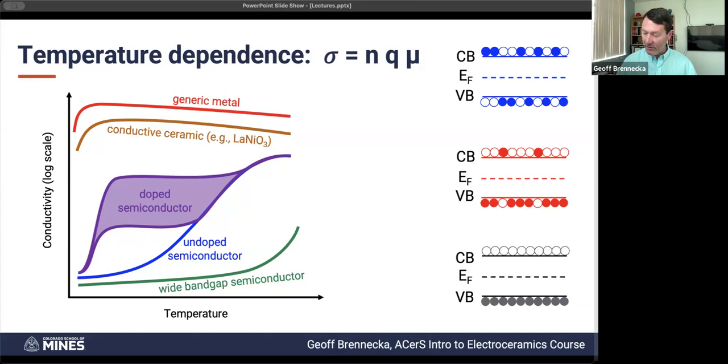So maybe the ions are starting to move, and then you get to the point where you've got an electronic species, and then they saturate out. There are a bunch of different possibilities depending on the populations and the activation energies for each of these. But each one of them individually is going to contribute according to this general equation.